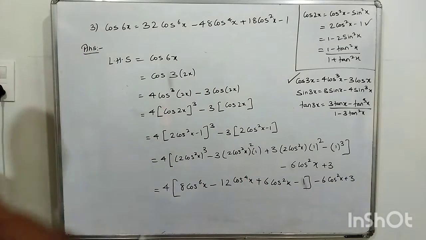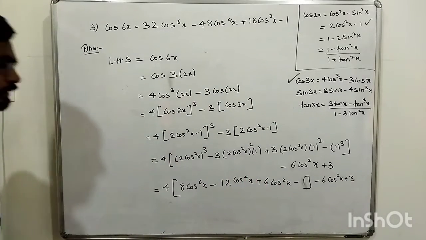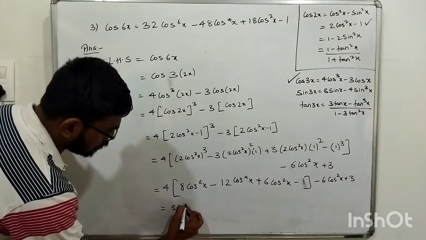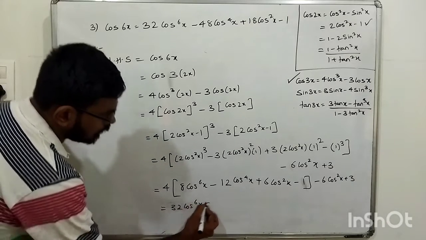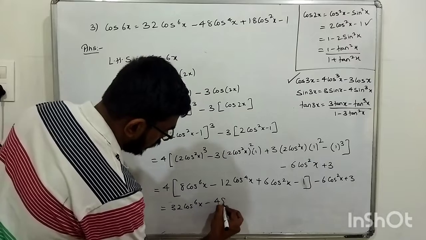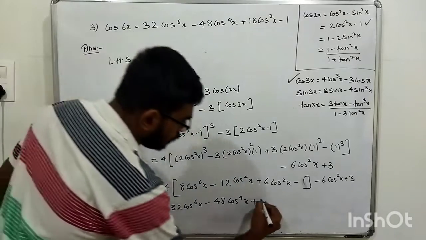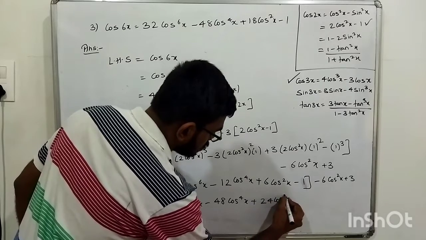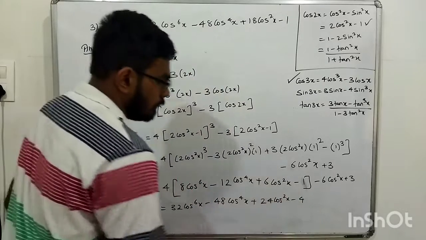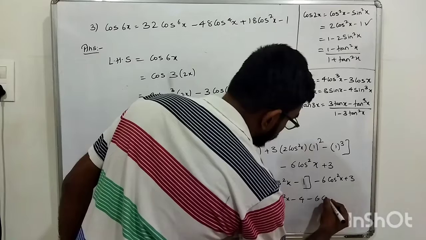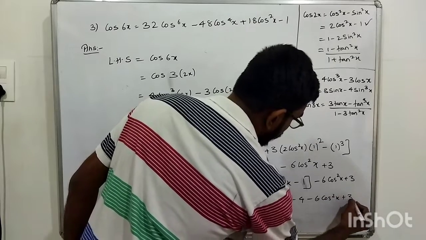Now I'll put this 4 inside the bracket, so what do we get, let's see, 32 cos raised to 6x minus 48 cos raised to 4x plus 24 cos square x minus 4 minus 6 cos square x plus 3, okay.